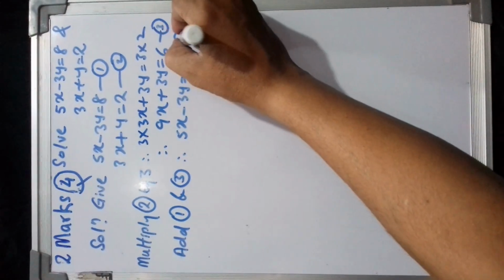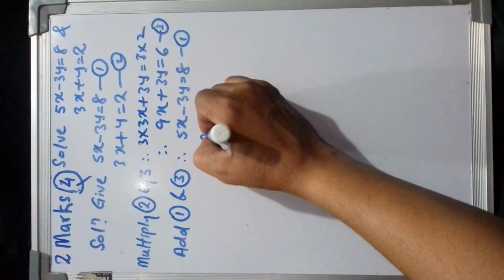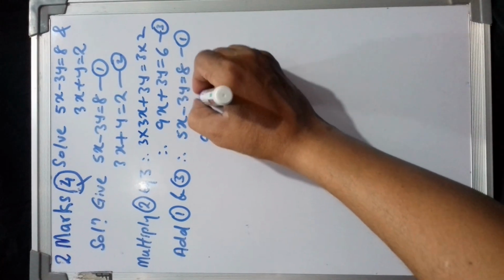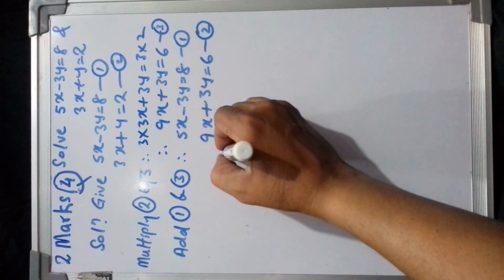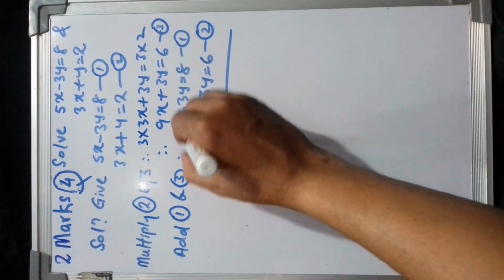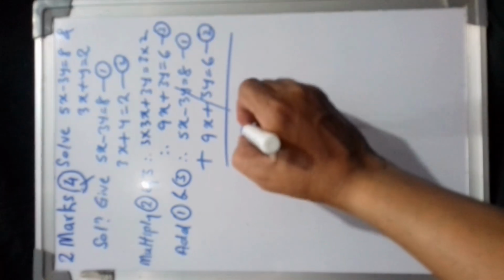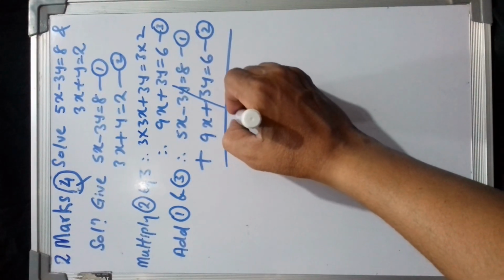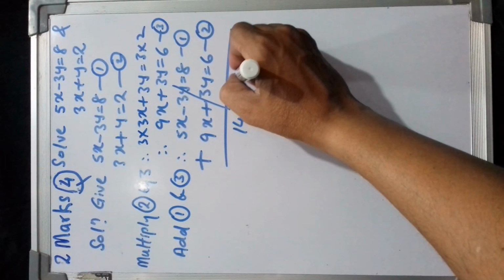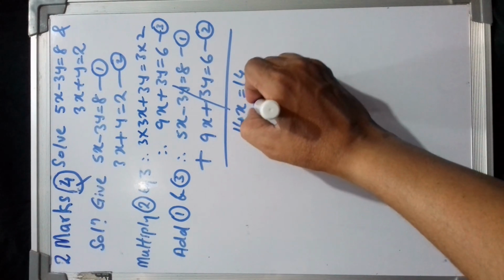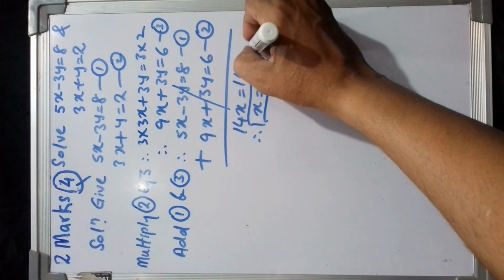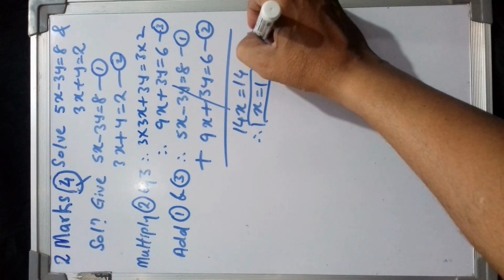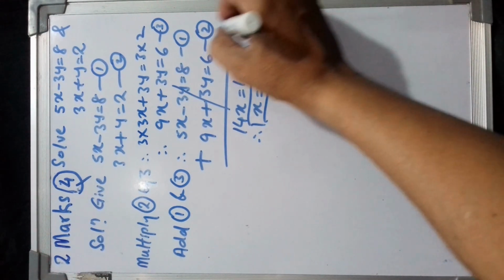Now we have to add equation number 1 and 3. Equation number 1 is 5x minus 3y is equal to 8, and equation number 3 is 9x plus 3y is equal to 6. Since we are adding, the signs will not change. Therefore minus 3y plus 3y gets cancelled. Now 5x plus 9x is equal to 14x. 8 plus 6 is 14. 14x is equal to 14, therefore x is equal to 1.